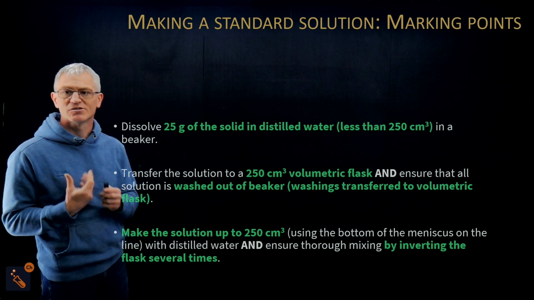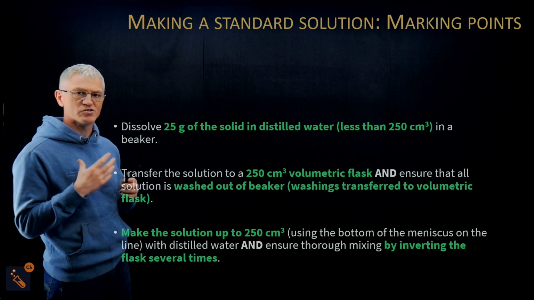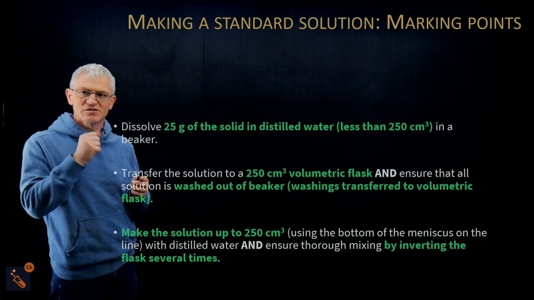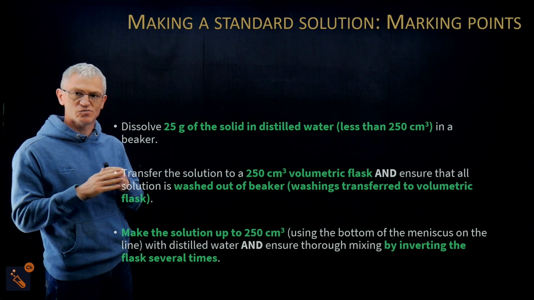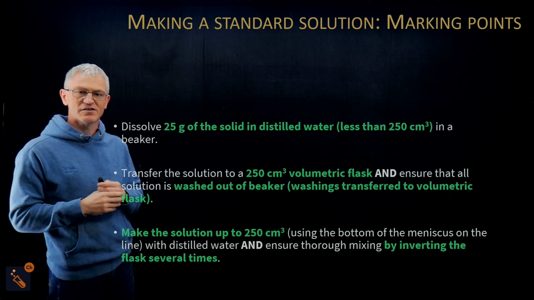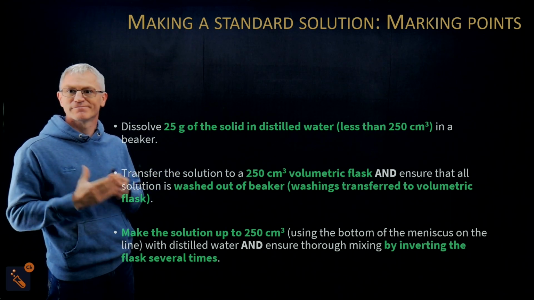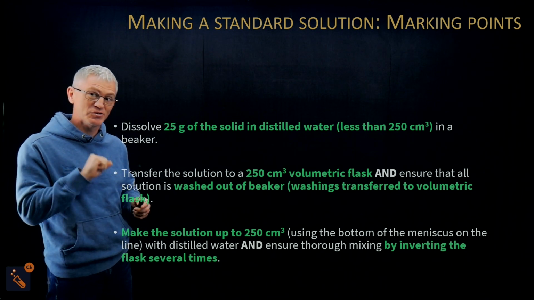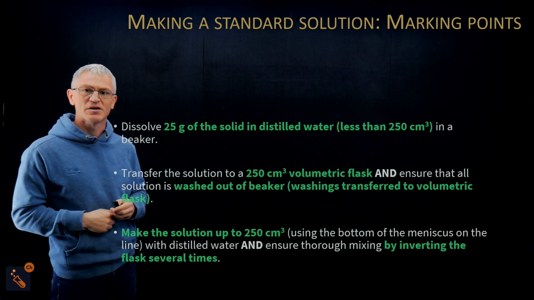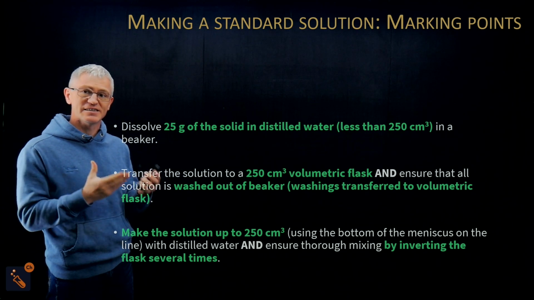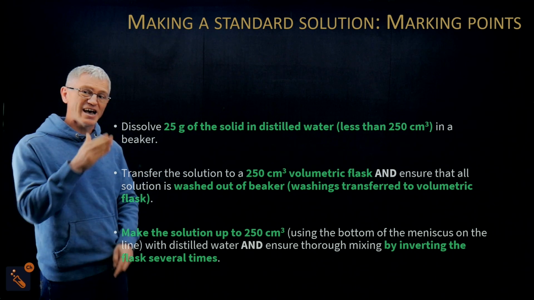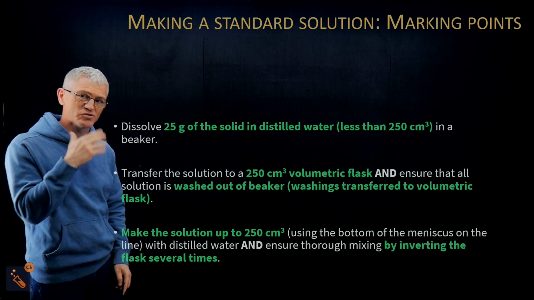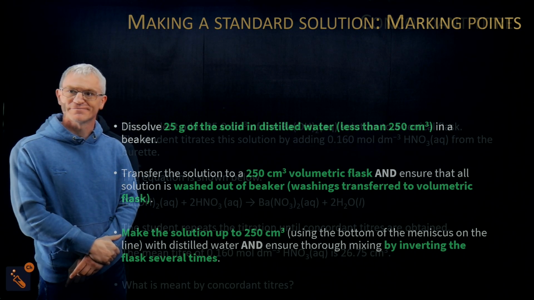Interesting fact: there was research done once to say how many times you need to turn it upside down, invert it, to make the solution completely uniform throughout. And it was 23. So you might find people doing it 23 times within the lab. Okay, and that is how you make a standard solution, whether you're just doing the calculation, or you're doing the calculation and all the marking points on how you actually do it.